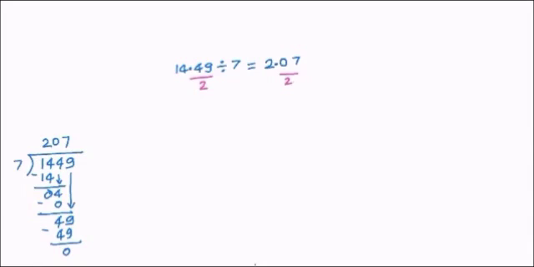Let's do one more. 65.4 divided by 6. So what we do, we ignore the decimal point, so it becomes 654 divided by 6.